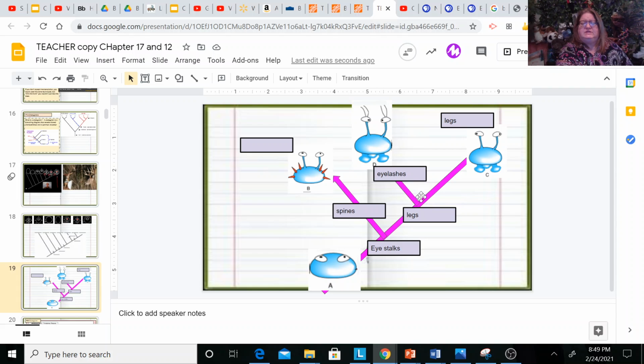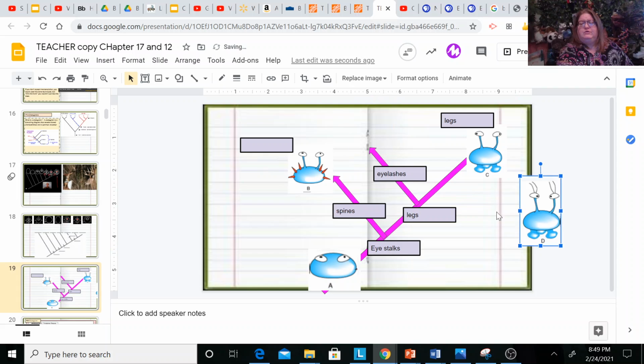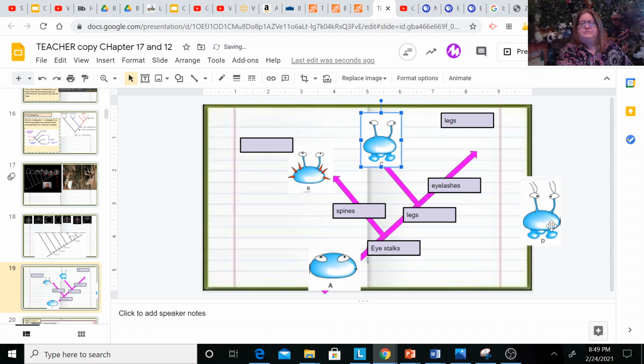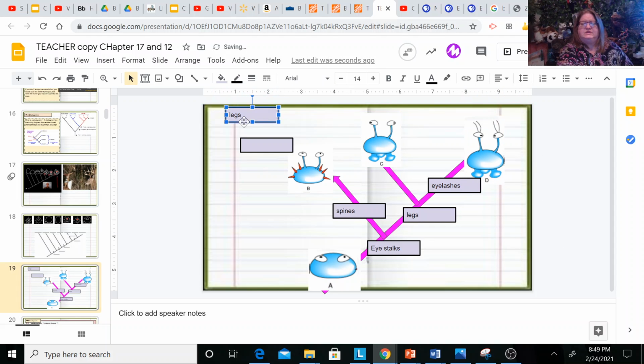Now, one quick word about these cladograms. You want to treat these nodes as revolvable, like a mobile, like a child's mobile. And so if you thought it should be like this, and let me get rid of that legs, that's confusing things.